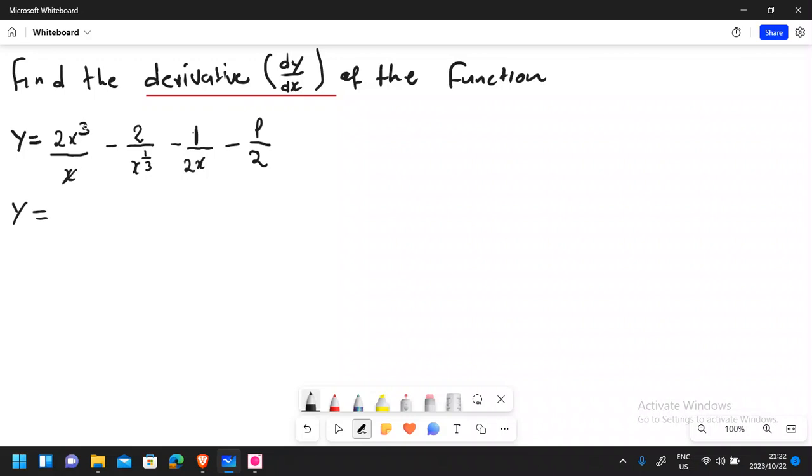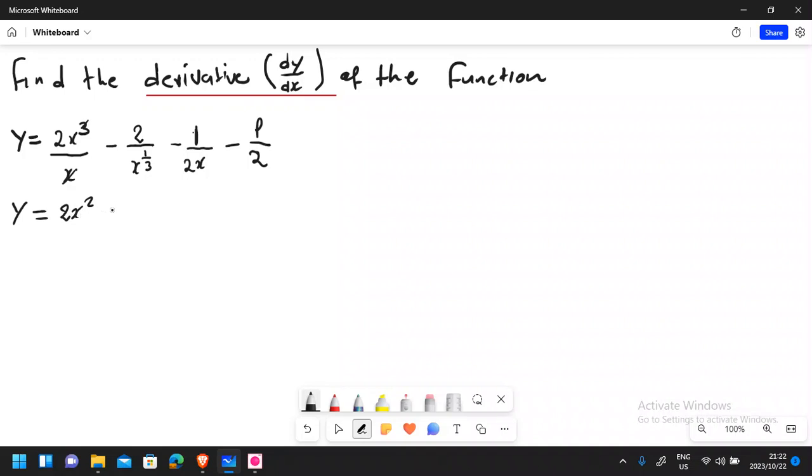This x and that 3 are going to give us x to the power of 2. Remember, this is the same base, so the exponents are going to subtract. If the bases are the same and they are dividing each other, the exponents subtract. So we have 3 minus 1, which gives us 2x to the power of 2.